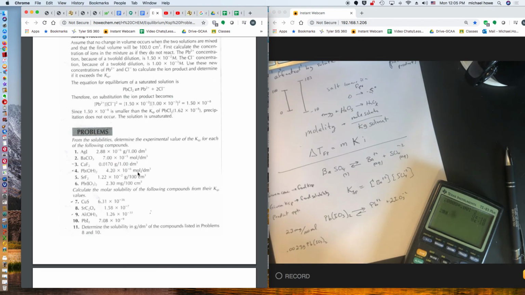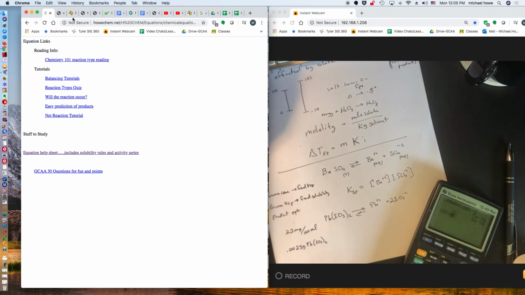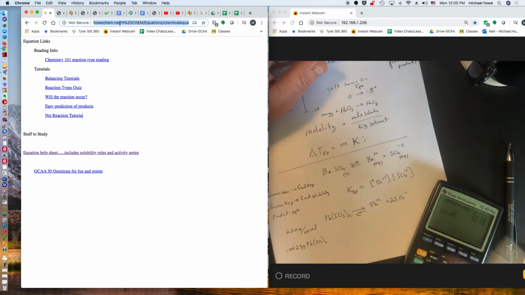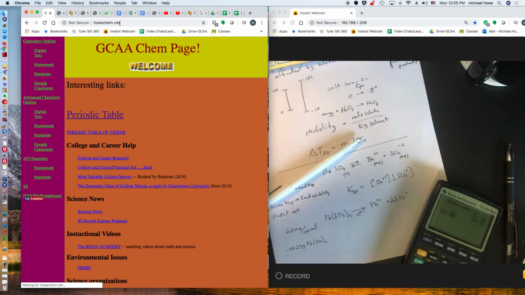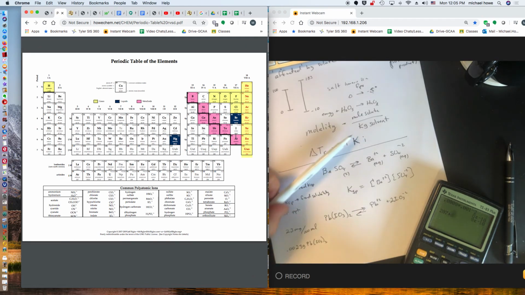All right, so we have 0.0023 grams of lead iodate. So lead's 207, and iodine is 127, I believe. Let me just double check that. Iodine, yeah, 127. All right, so we'll go ahead and finish this out.